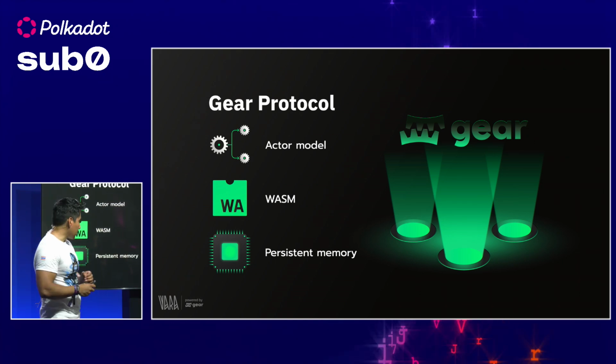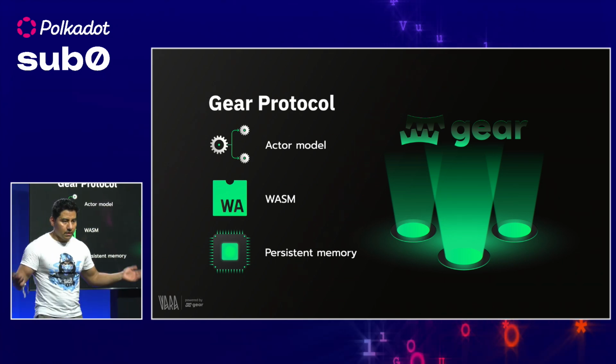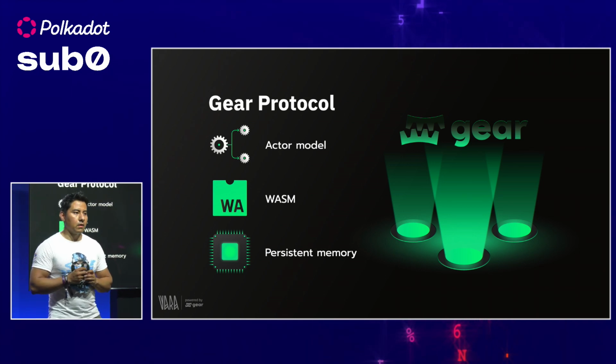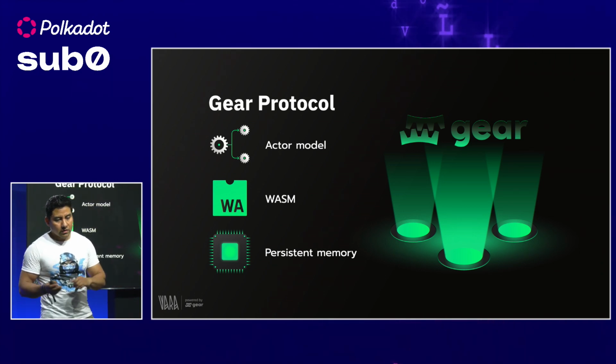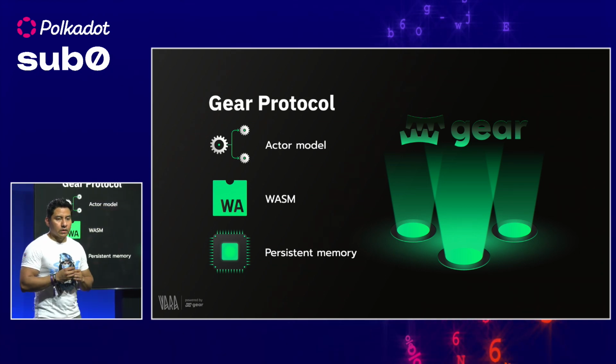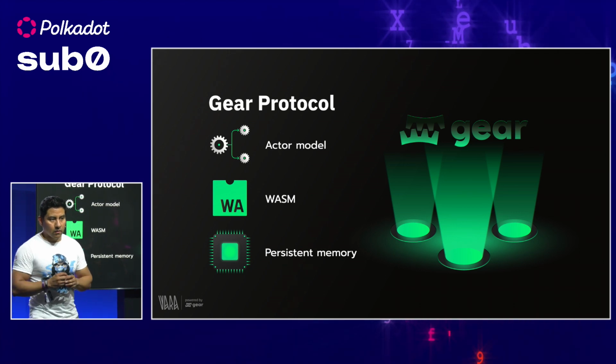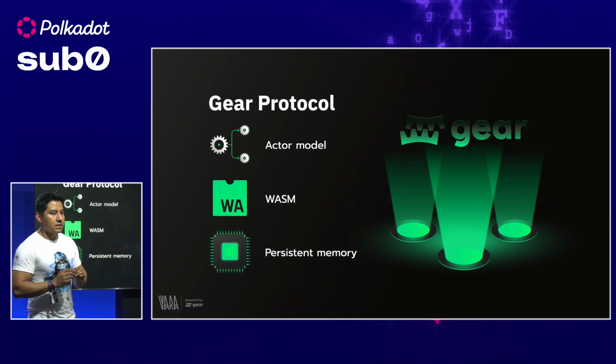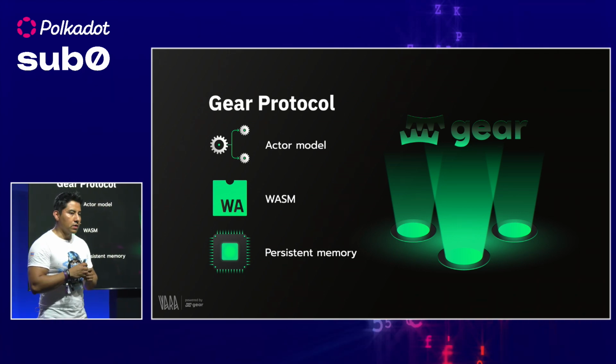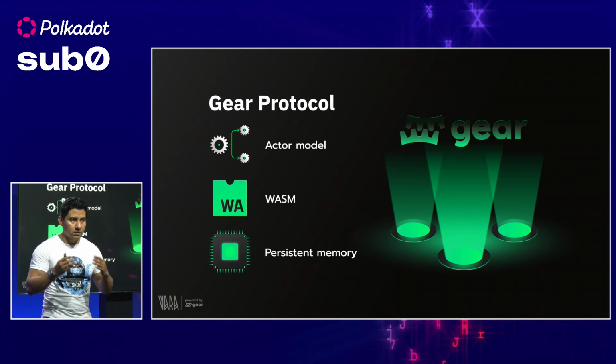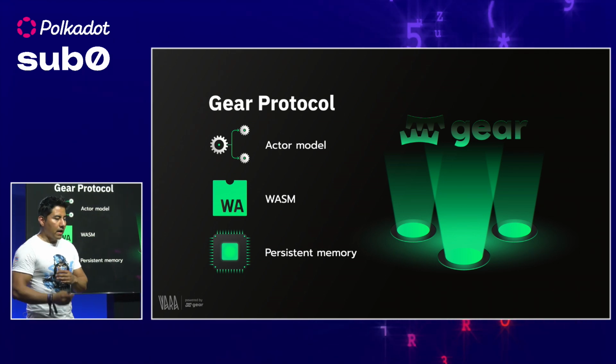And after that, WebAssembly. I'm pretty sure that we all understand this, but why do we use it? First of all, because it's compatible with different programming languages. The purpose of this stack is basically to bring Web2 and Web3 developers into the Substrate-based ecosystem. And how do we do this?